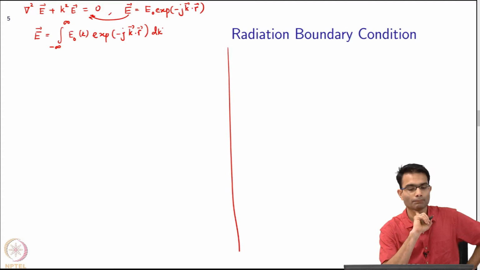I have made the amplitude dependent on the wave vector. Does this work? Some change I will have to make, but let us see what happens if I substitute this in.